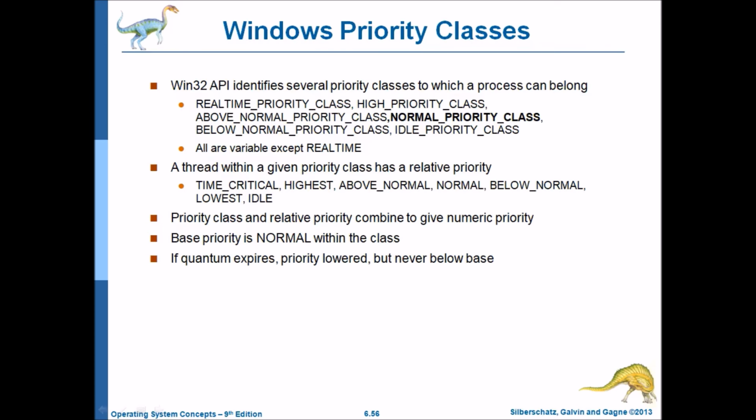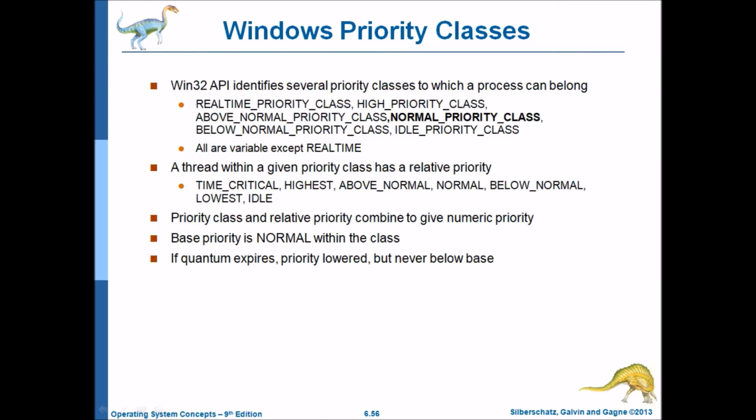All are variable except for real time. A thread within a given priority class has a relative priority. It can be time critical, highest, above normal, normal, below normal, lowest, and idle.